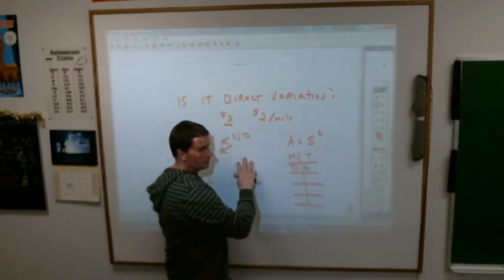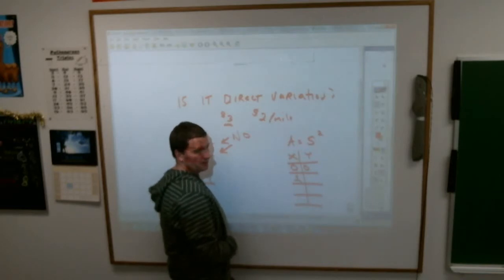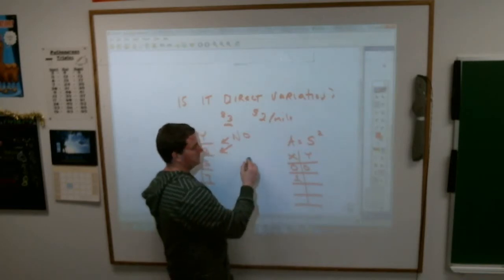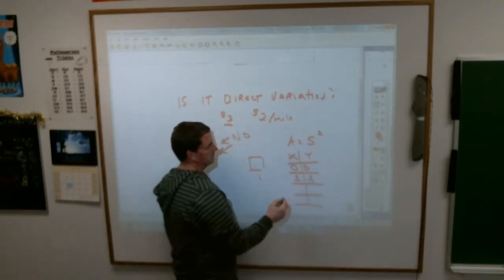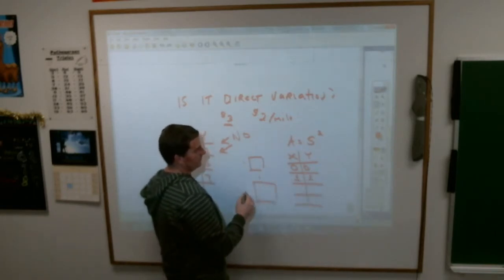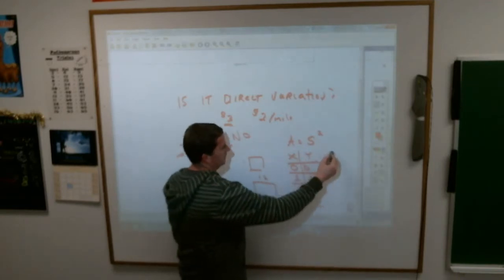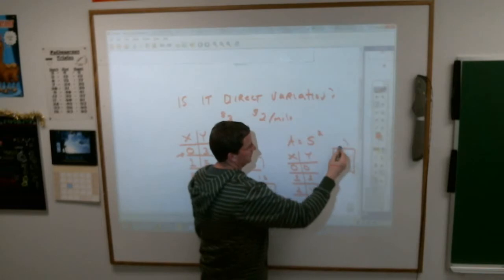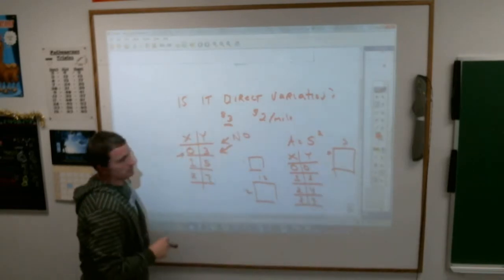So right now it works so far, right? A square with a side of 1, here's your square, it's a 1 by 1 square, its area is 1. You have a square that is a 2 by 2 square, what is its area? And a square that is 3 by 3, its area is 9. Now, the question is, is that direct variation?